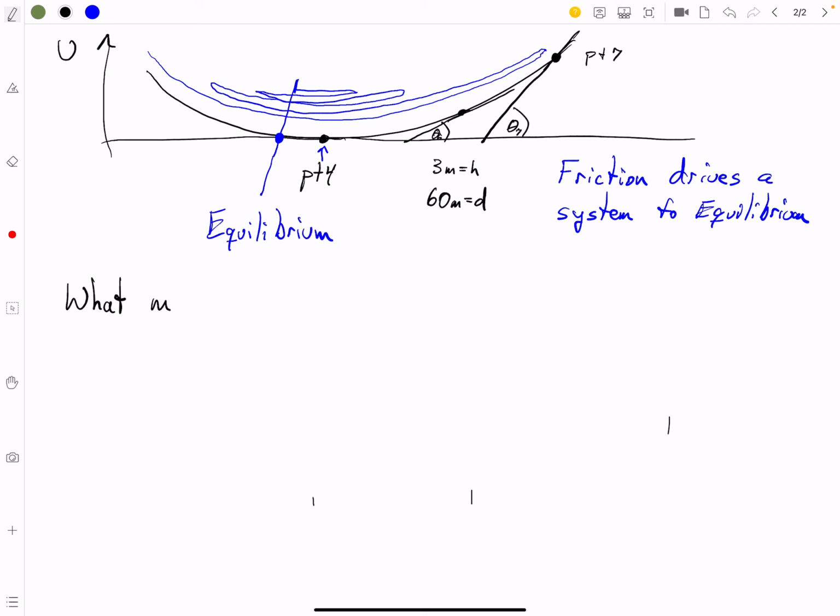What is the minimum angle where the force of gravity overcomes the frictional force?